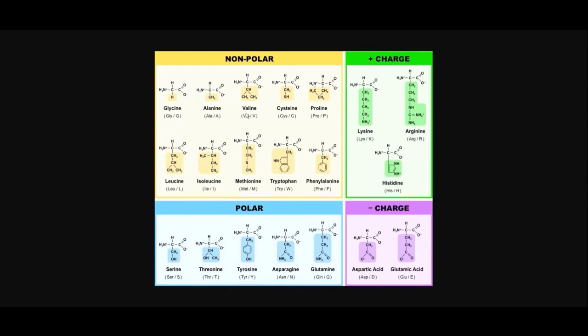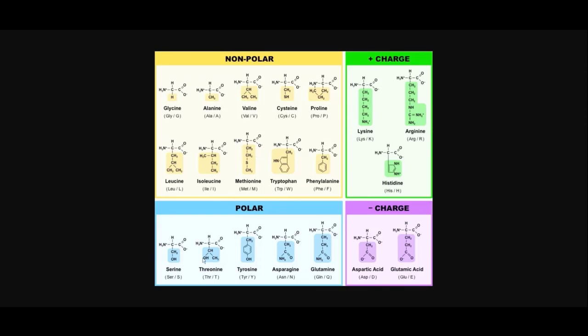We group amino acids based on their side chains, and the side chains are highlighted in each of these four windows, okay? So you can see top left, the highlighted side chains are considered nonpolar, in this top left region.